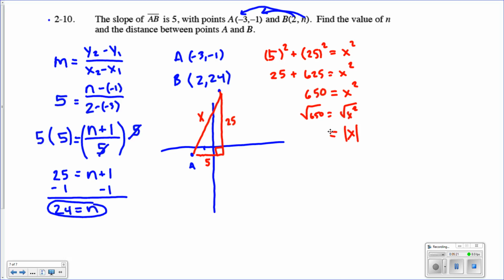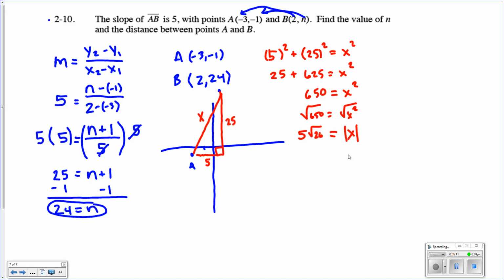However, we're not going to be able to use the negative version of this. The square root of 650, well, we know 25 goes into it 26 times. So this would be 5 radical 26, or the square root of 650.